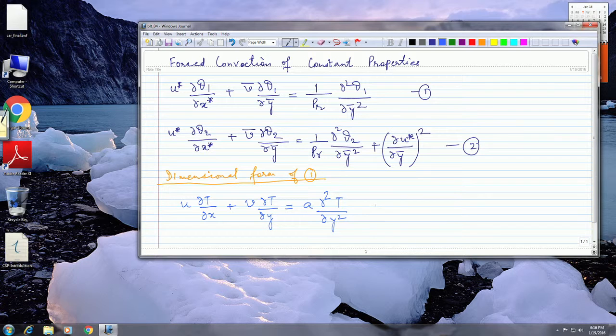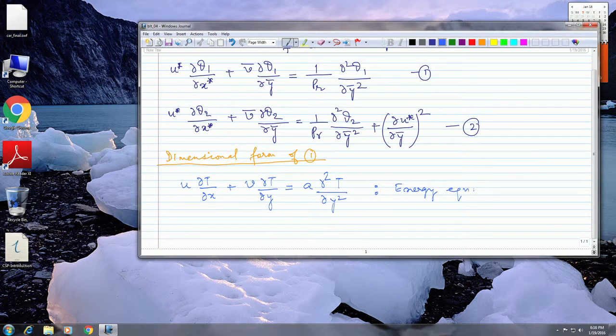So this is essentially the energy equation, okay, where A is equal to this.